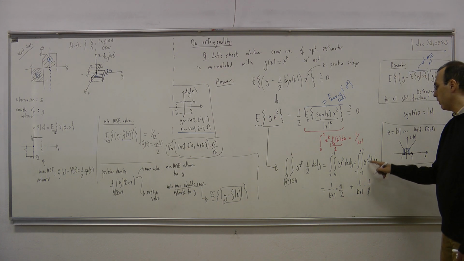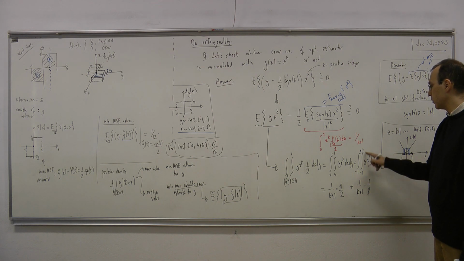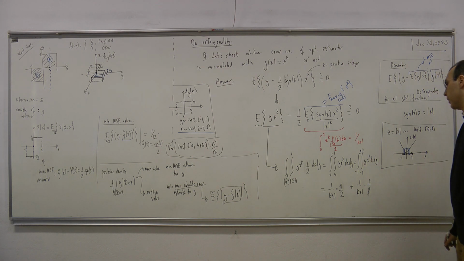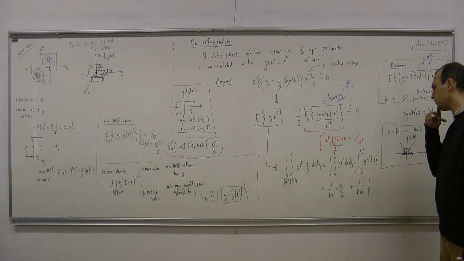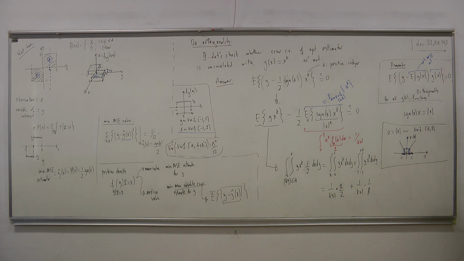Is this correct? X to the power k plus 1 divided by k plus 1, from 0 to 1. So I get that. Okay. And from -1 to 0, I have this. Okay, so what do I have?